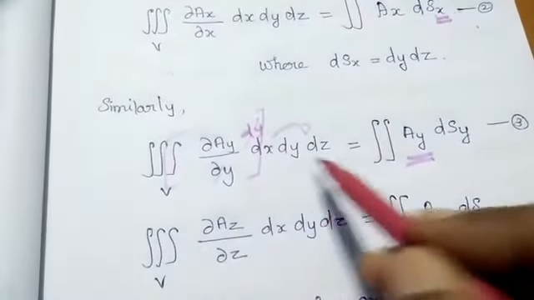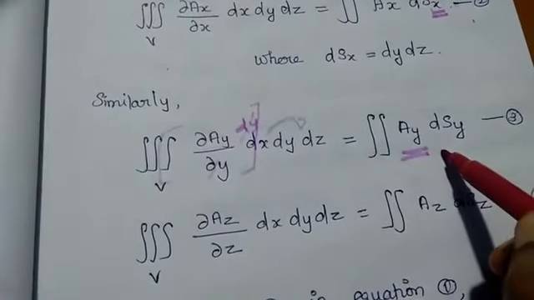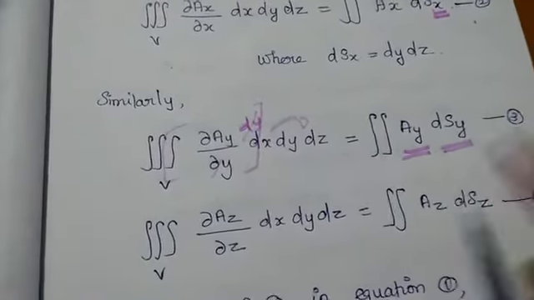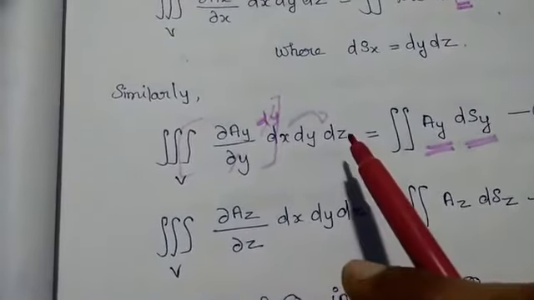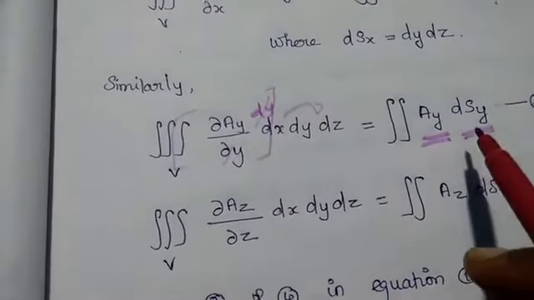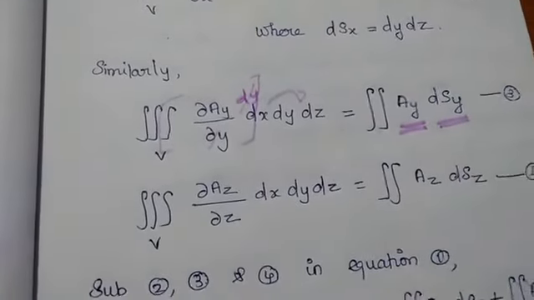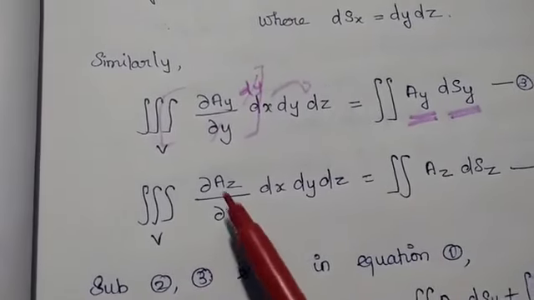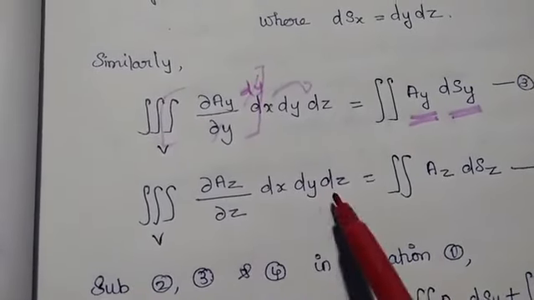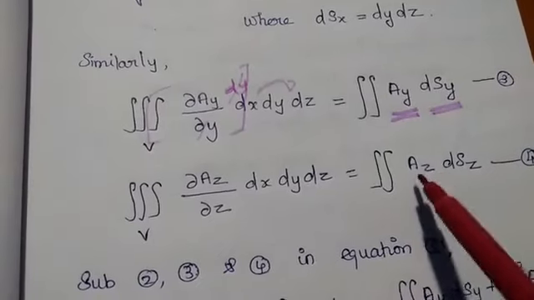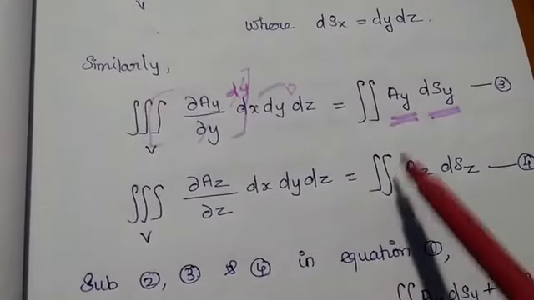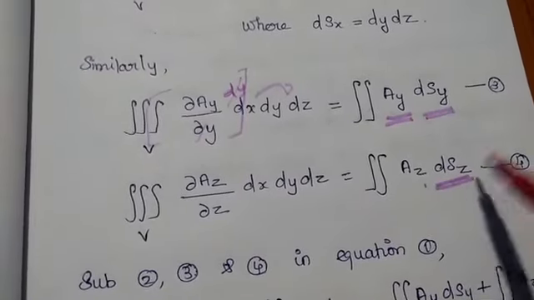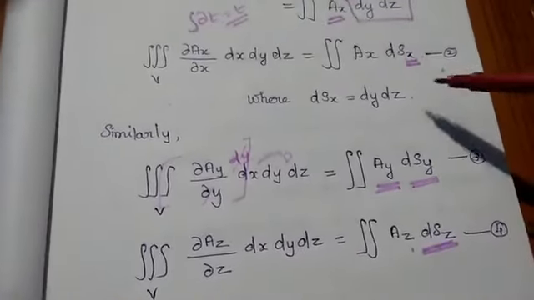The remaining term dx dz is called the y component of the surface area. Here dx and dz are the components of the y surface. We can consider that as the third equation. Likewise, the volume integral of dou Az by dou z dx dy dz becomes, the same way, the surface integral of Az dsz. So we can get all these three things.